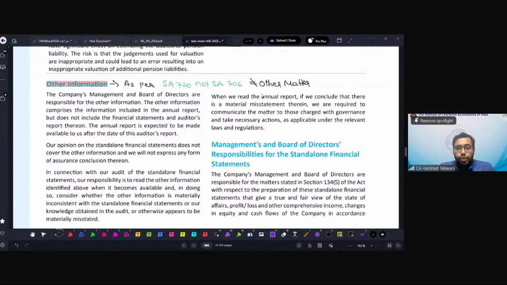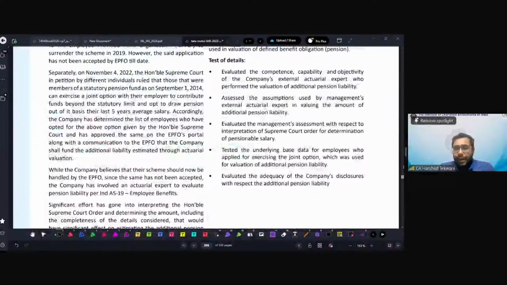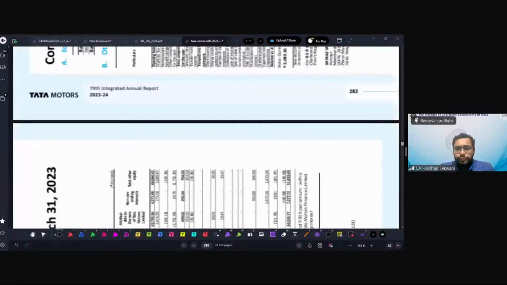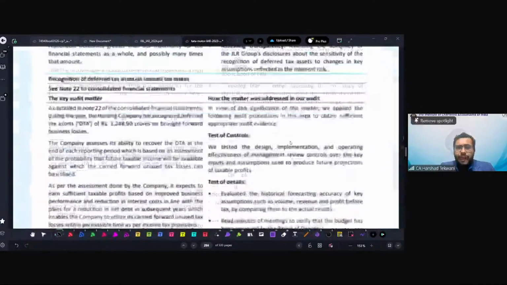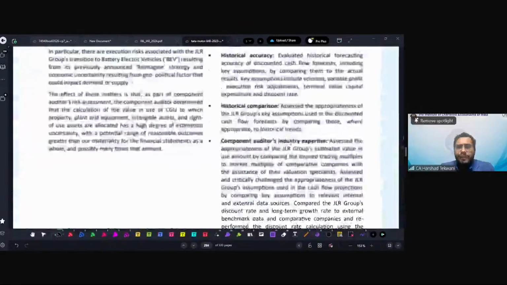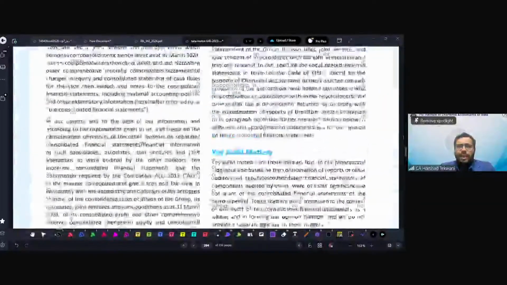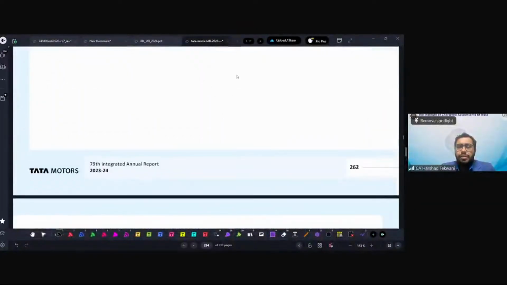And to show you the other matter paragraph, can anyone tell me where we have seen the other matter paragraph? Where have we discussed it till now? Any specific SA that you think is relevant? SA 570.